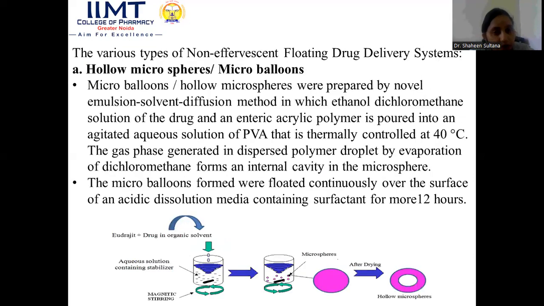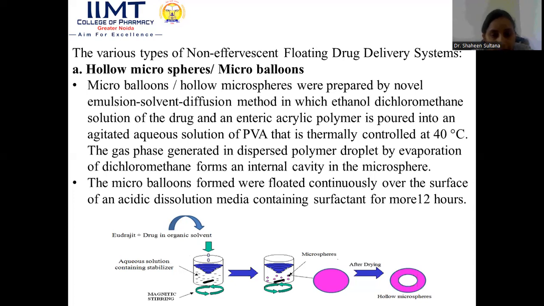Now, another type of non-effervescent floating drug delivery system is the hollow microspheres, or microballoons. You can see here the microballoons, or hollow microspheres, prepared by the novel emulsion solvent diffusion method, in which the solvent used is an ethanol dichloromethane solution, and the polymer is an enteric acrylic polymer.